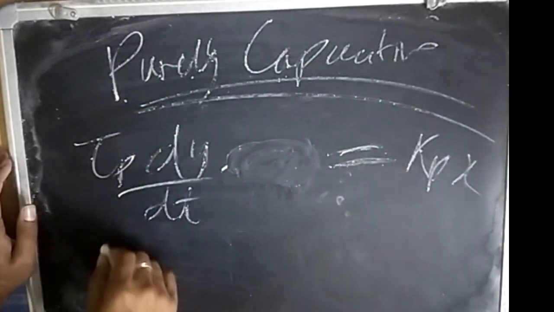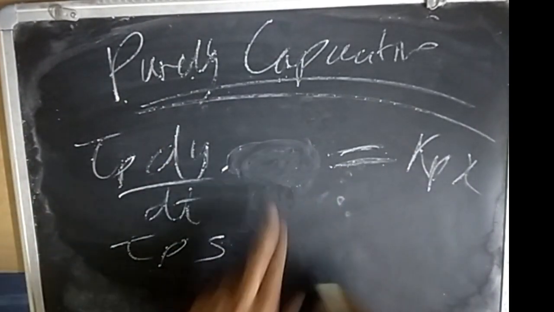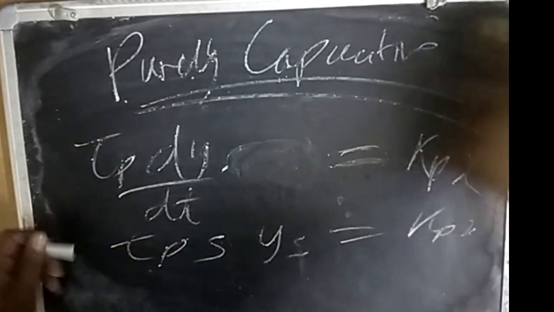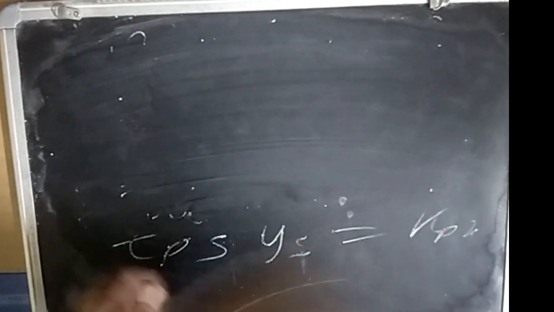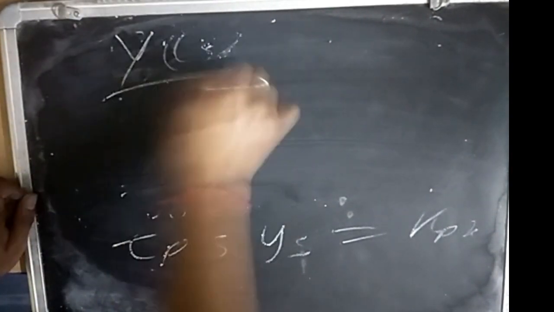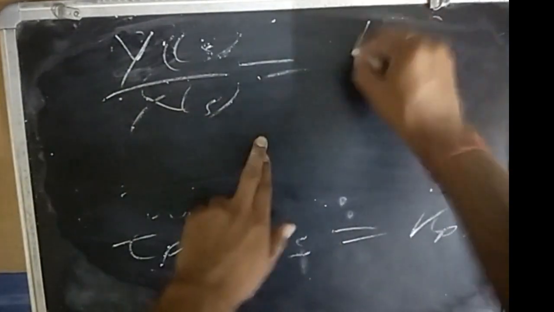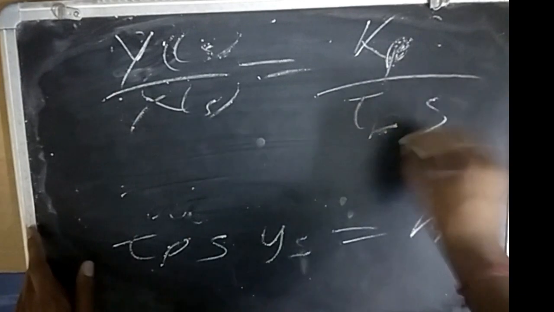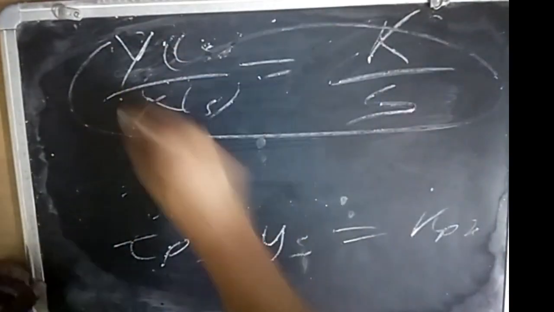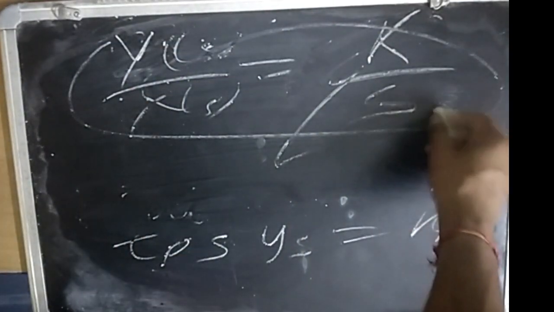Then if we take the Laplace, tau_p s, now there is no plus 1, into Y(s) is equal to Kp X(s). So for the purely capacitive system, the transfer function Y(s) would be in this form: Kp by tau_p s, or we can take this together and it would be K by s. Okay, this is the transfer function for purely capacitive. There is no other extended term.